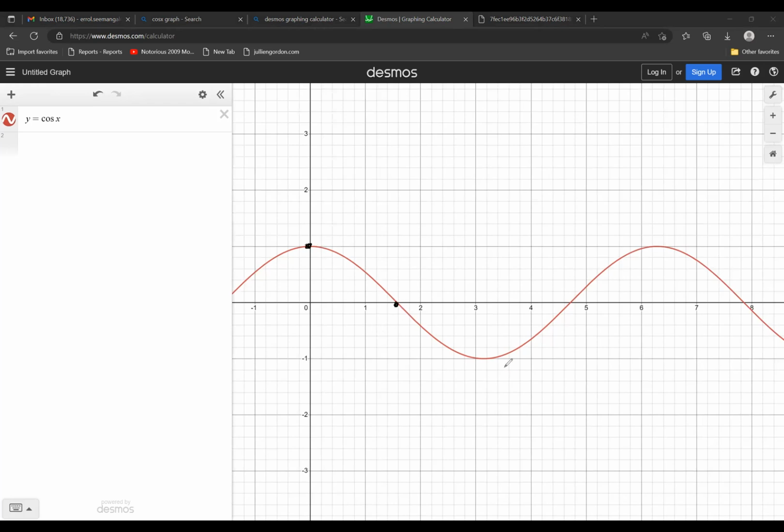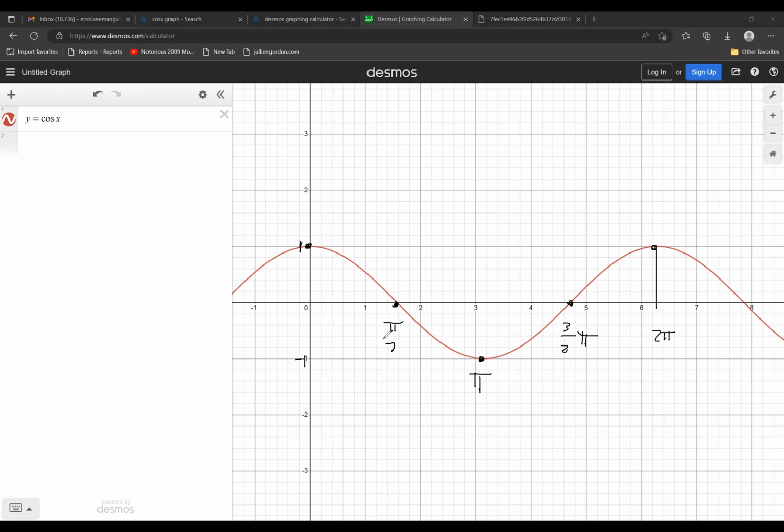Okay, so I don't know how to change it to radians, but look, here's your first key point, second key point, third key point, fourth, and fifth. This is your 2 pi. This one is your 1.5 pi. This one is your pi. This one is your 0. This is your 1 right here. This is your -1. And this one is your pi over 2.